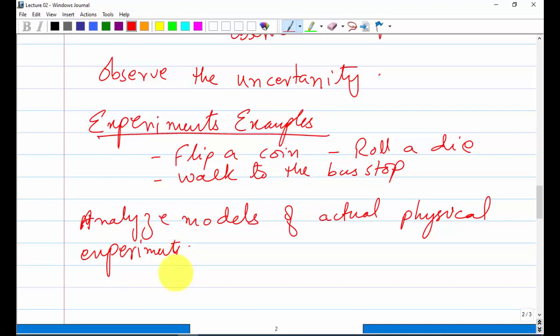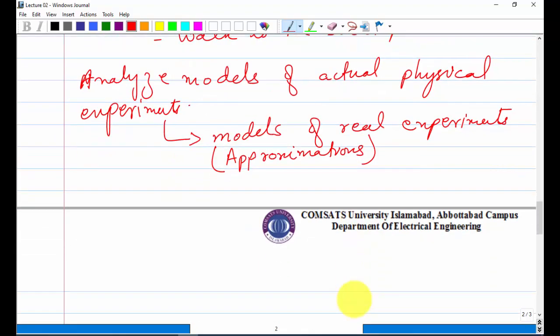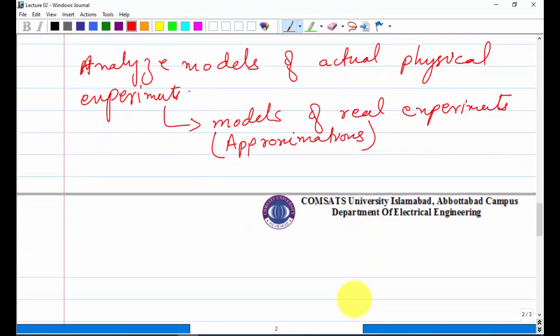So that's why we define models of real experiments, because when we model it, we use approximations to simplify our physical experiment, so that we can apply certain mathematical tools on it. So this is basically the basic model of probability.